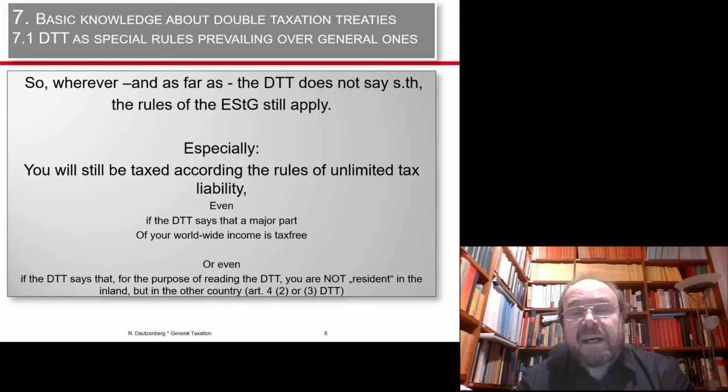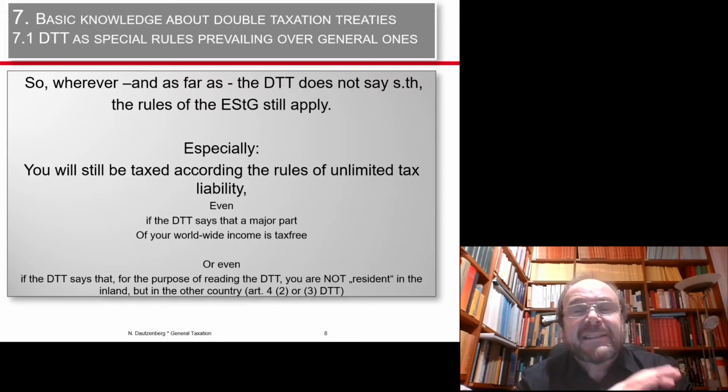So let's say that after reading the Double Taxation Treaty, you get a clear result. France gets the interest, the license fees, the business income from France, all the income from third countries, and Germany only gets the rent from a house at Düsseldorf and the income from a small business somewhere at Munich.